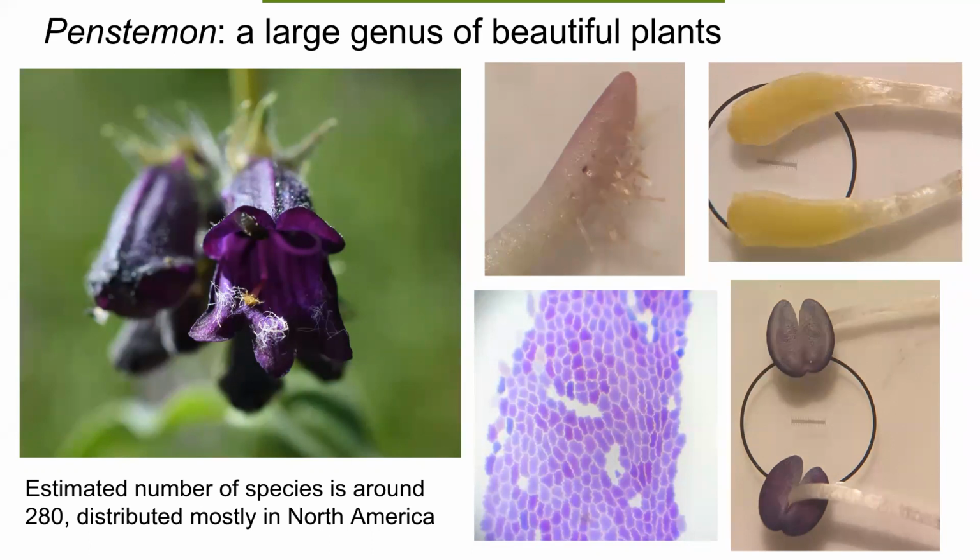So when I worked before in petunia, they have a way of making a nectary, the tissue that produces nectar in the flower. Penstemon has a completely different thing. So this is yet another case of convergent evolution on a pretty massive scale.